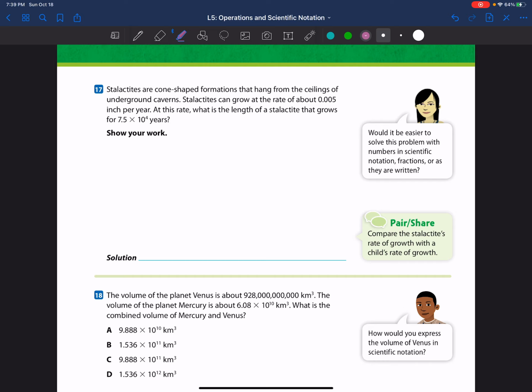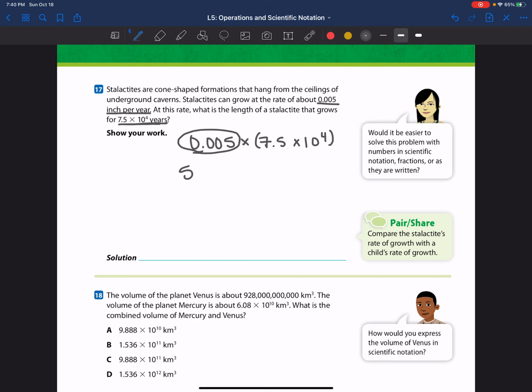All right, they grow at this rate per year, and this is the amount of years. So all we're doing is just multiplying these two. So we're multiplying 0.005 times 7.5 times 10 to the 4th power. All right, what we want to do is change our first term to scientific notation.